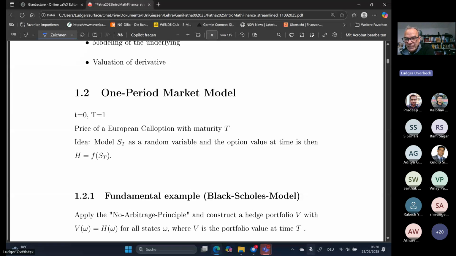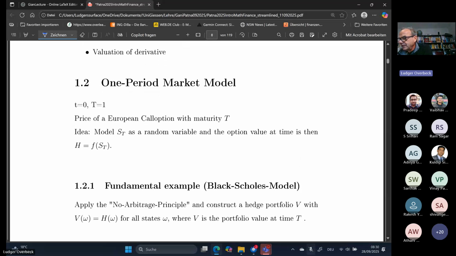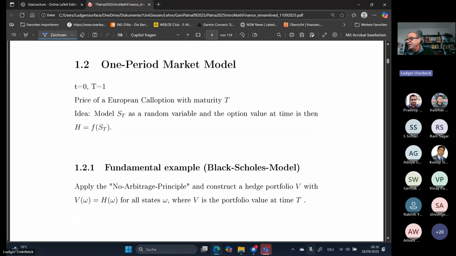We have only two times, namely today and the execution time or maturity time of the option. Of course, here we have to figure out the value of S at time capital T. This we know. And if we know the value of S at time capital T, we also know the value of the option, of the derivative.